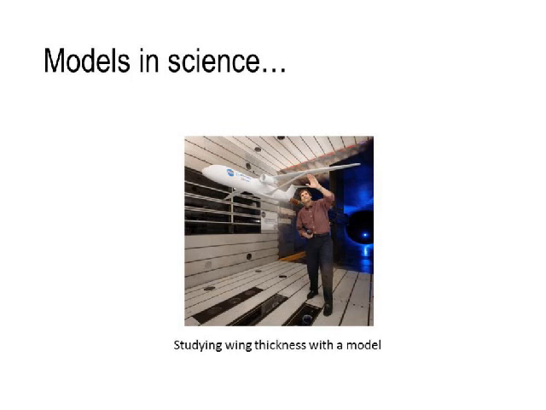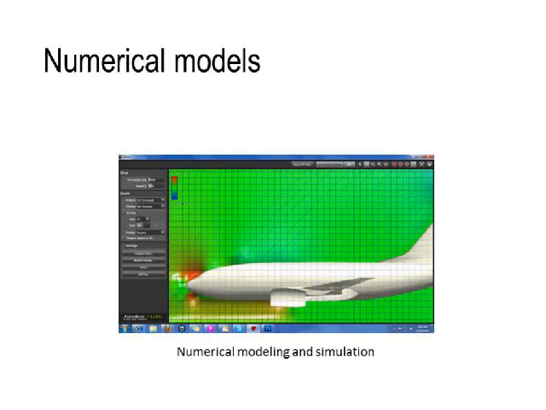We can also take that information about something we're interested in, like an airplane, and we can create a numerical model. Instead of having to build an actual physical thing that we can hold, we can numerically represent every part of that that we know about in a computer program or in a script, and simulate how that should behave in different environments.